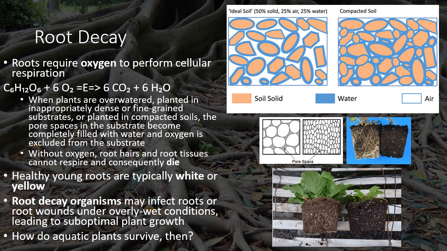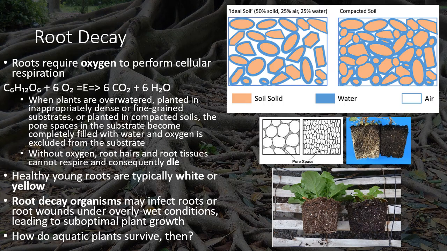And then the last condition that can be really harmful for plants is compacted substrates. So, for example, if during the construction of a house, the ground was run over with an excavator a bunch of times, the soil particles or the substrate particles themselves can become so compressed together that the pore space is inadequate, and water and oxygen can no longer flow freely through that compacted substrate.